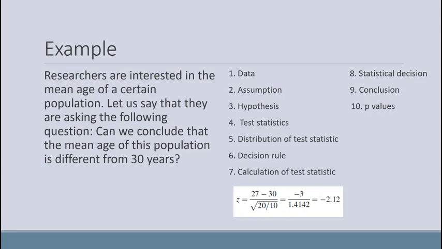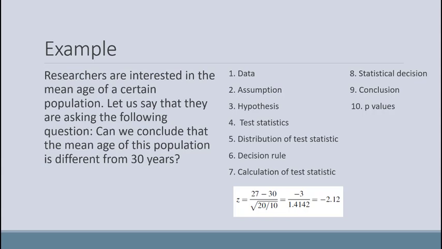Let us also assume that the population has a known variance of sigma squared = 20. Step 3. The null hypothesis is that the mean age of the population is equal to 30, and the alternative is that the mean age of the population is not equal to 30.